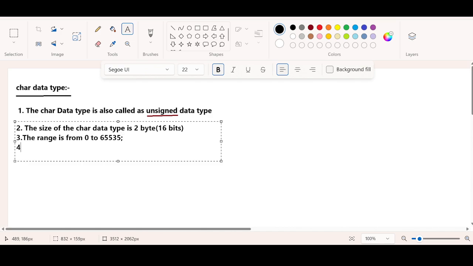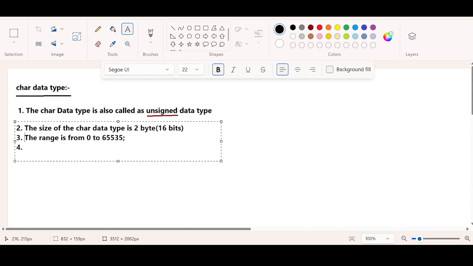But there is a contradiction. I am giving you the range in the form of numerical values. But don't you think that the char data type is going to store all the English alphabets? Why is the range given in numbers? That should be the first question.